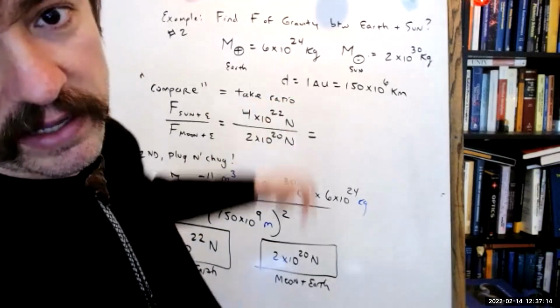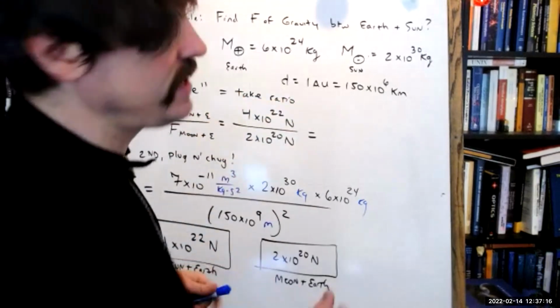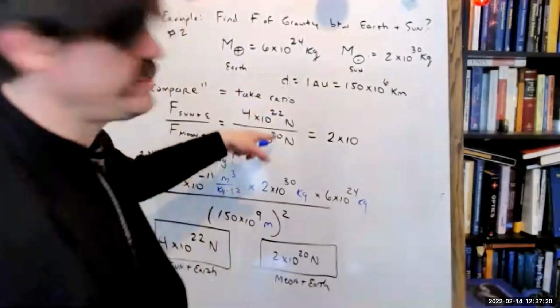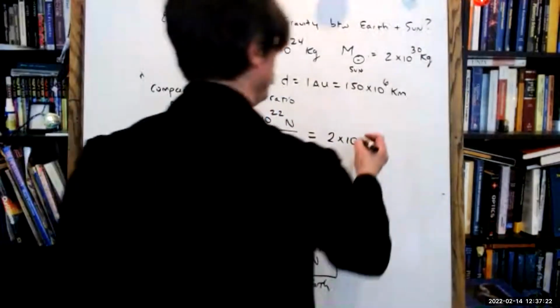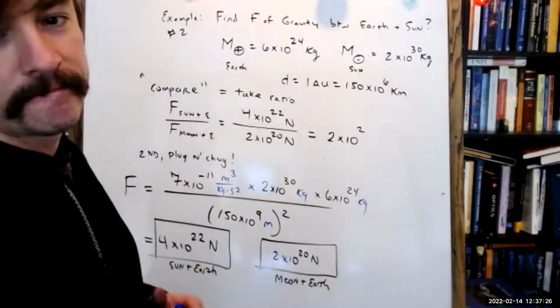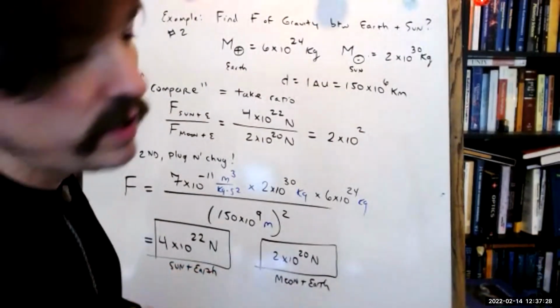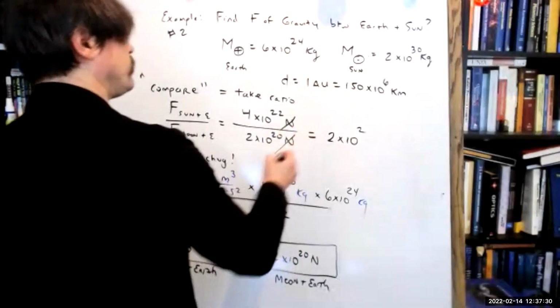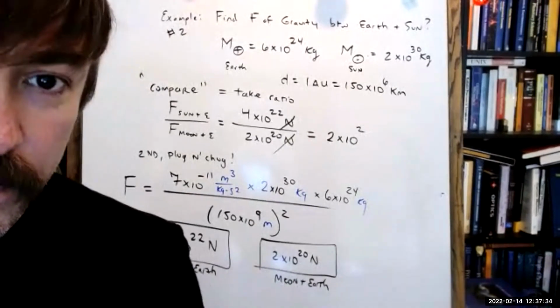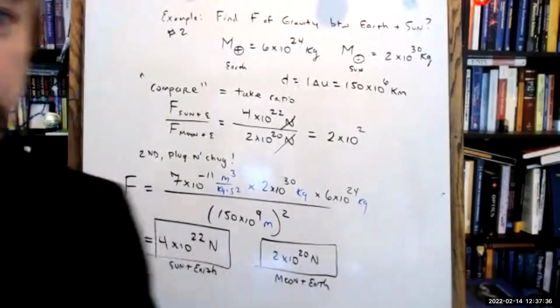We have to be clear about that, okay? 4 divided by 2 is 2. But yes, 22 minus 20 is 2. And Cole, what are the units of the 2 times 10 to the 2? Newtons. No. Newtons on top cancel with newtons on bottom. There are no units to this number. What is this number in plain English?